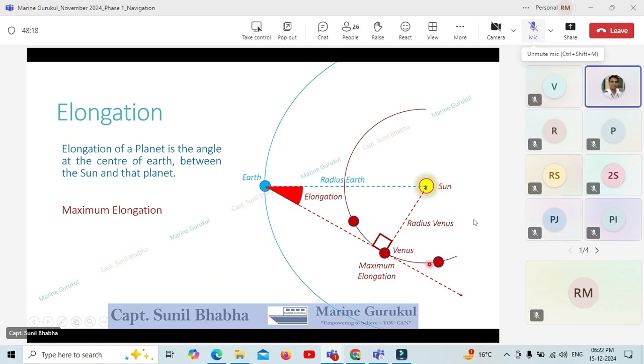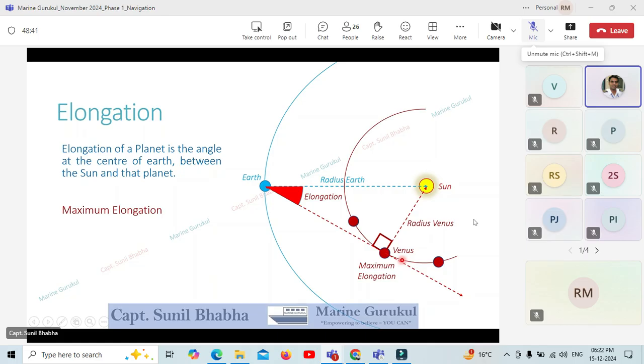Now, inferior planets like Venus, as you see in this diagram, can never be in opposition to the Sun. Irrespective of whichever position they are in their orbit, they can never go in a direction which is opposite to the direction of the sun.